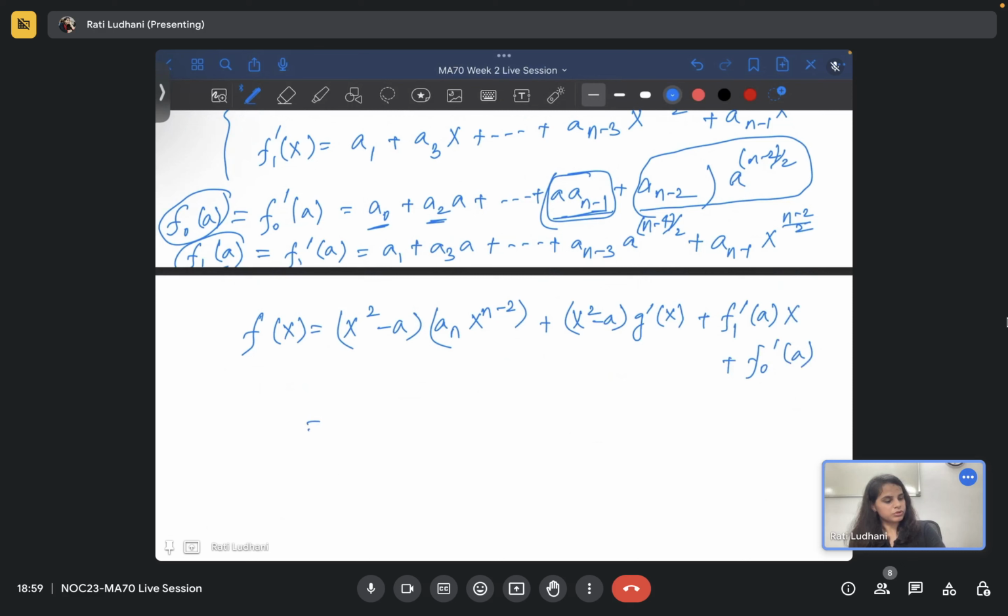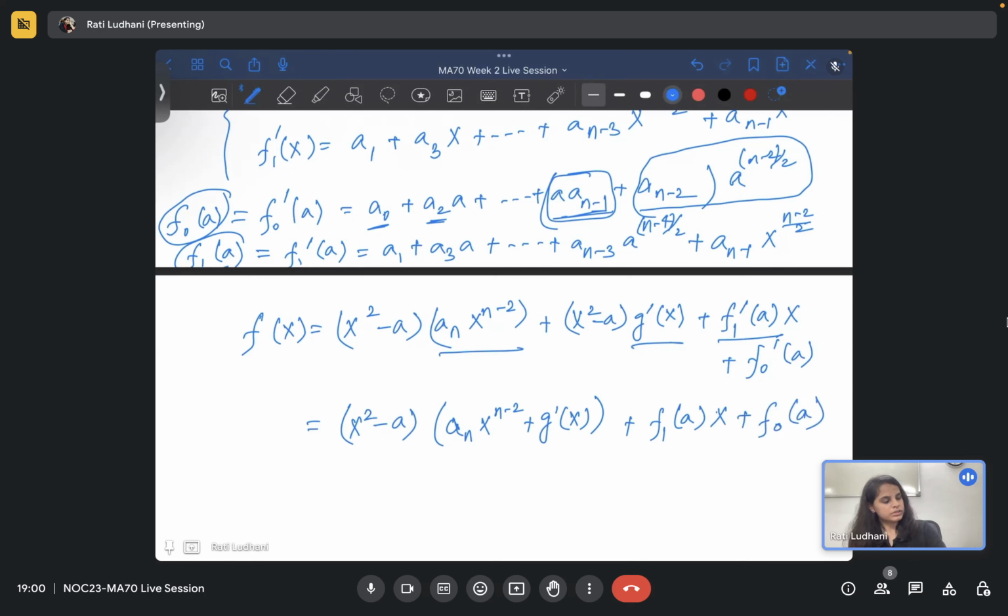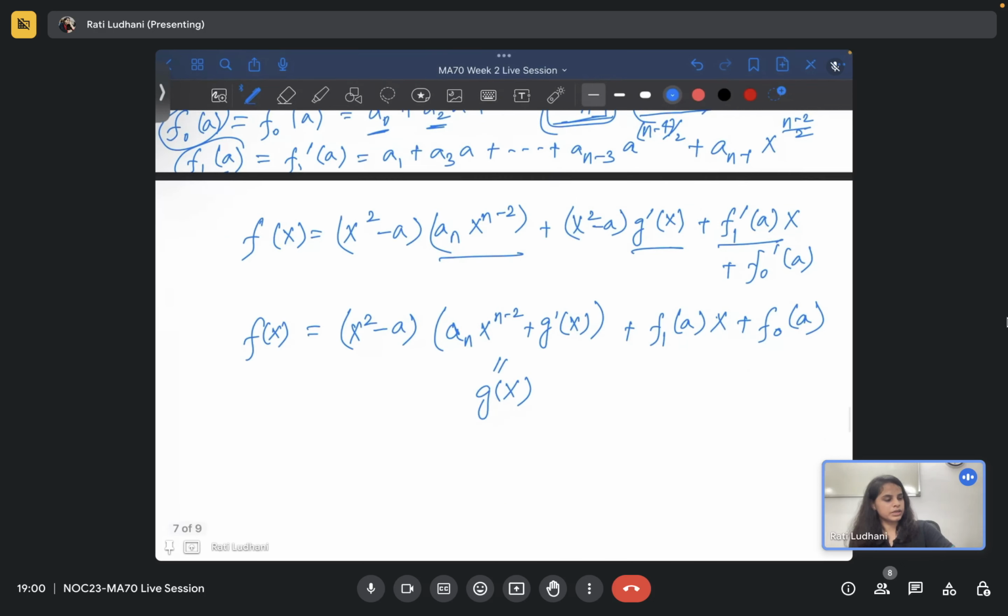And so you can just combine this. So this is your new gx, so an x raised to power n minus 2 g dash x, plus this is equal to, as we have observed, f1 of a and f0 of a, and this is your new gx. So you have written fx in terms of this, and we are done.